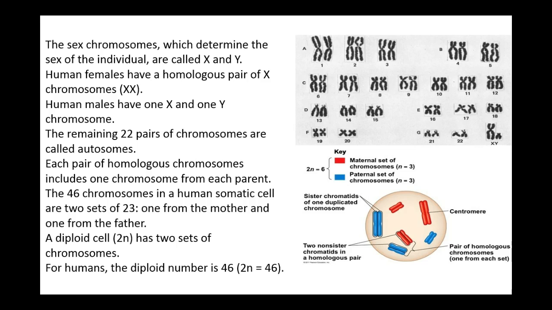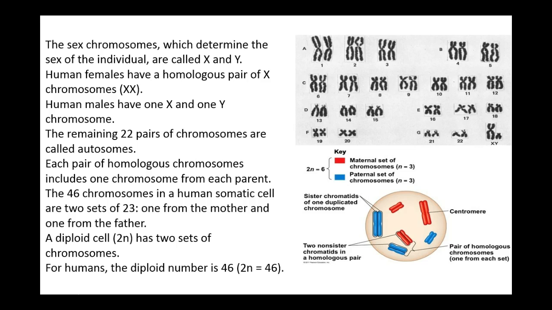We ascribe these terms diploid and haploid to understand where we are in this process and what kind of individual or pair we're talking about when it comes to chromosomes.